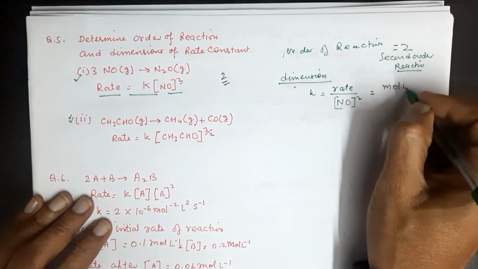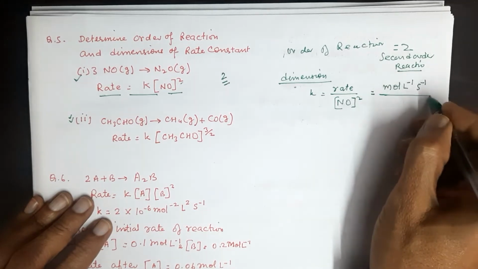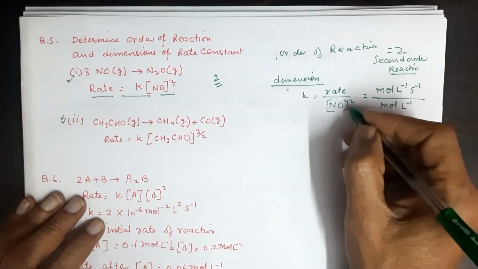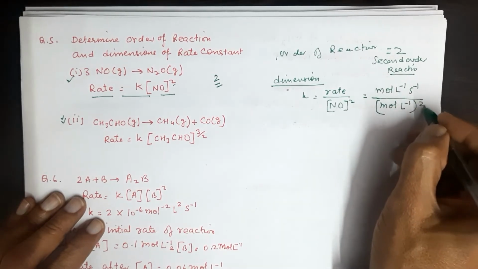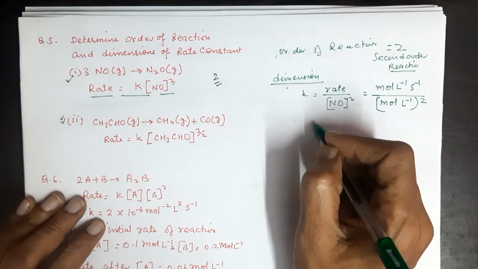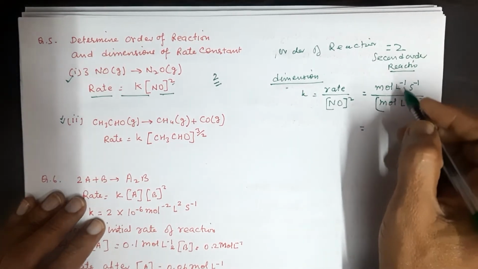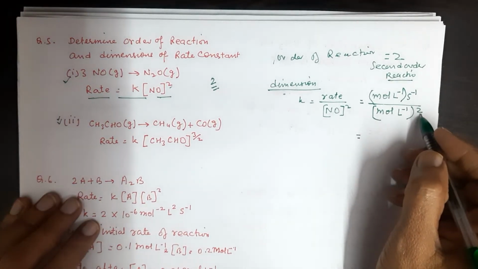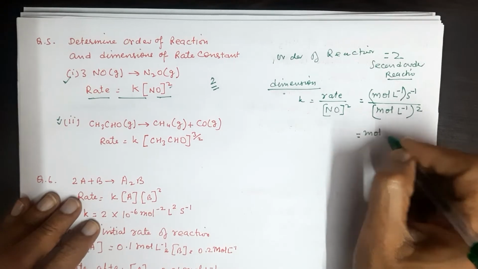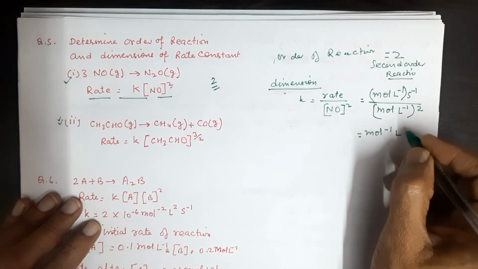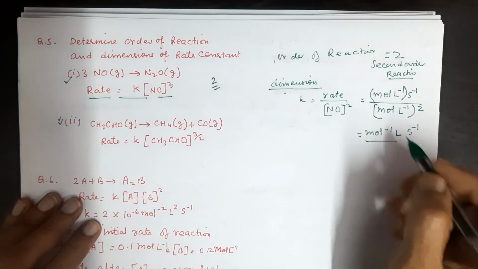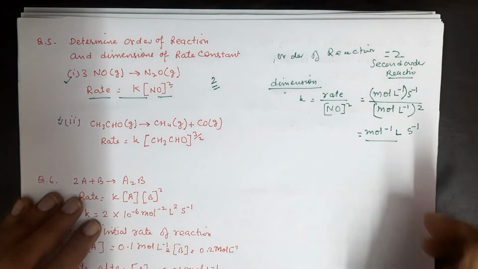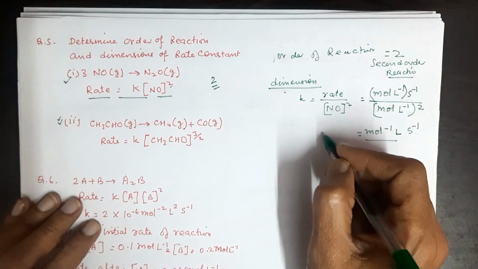Rate is mole per liter per second, and the unit of concentration is mole per liter, and as it is squared, it will come to mole minus 1 liter second minus 1. This cancels out and comes in the numerator, and these will be the dimension units.